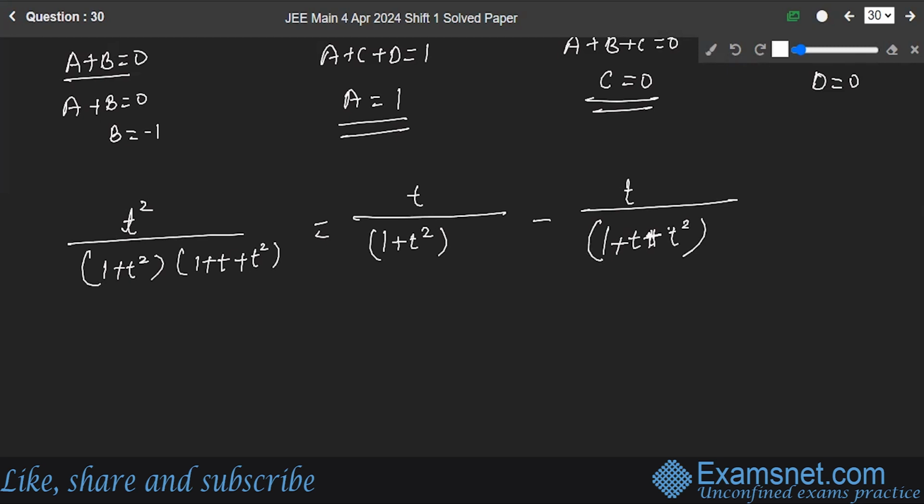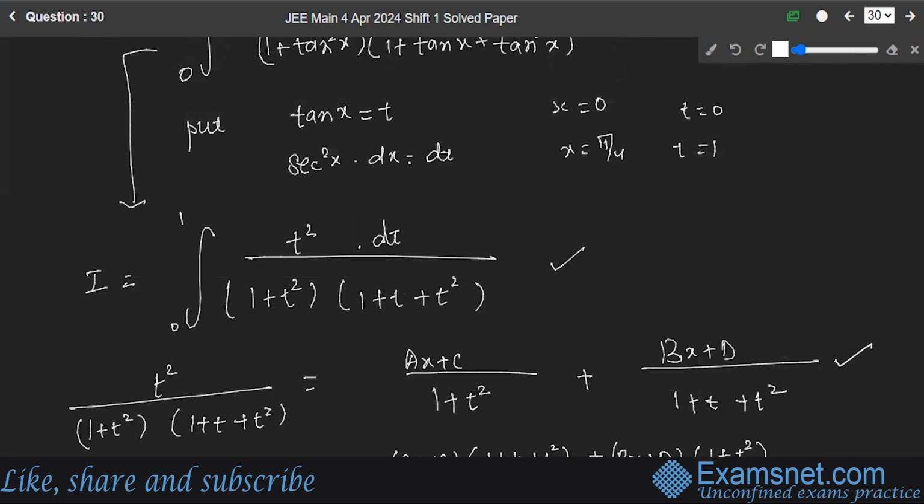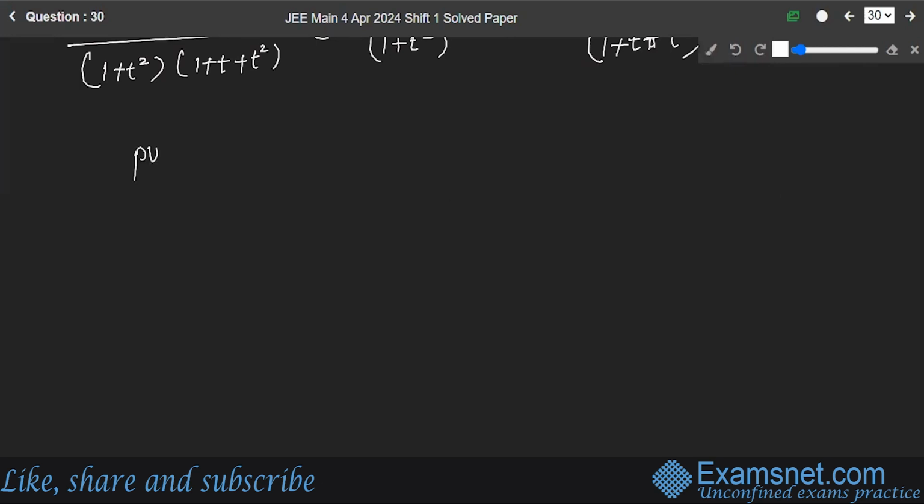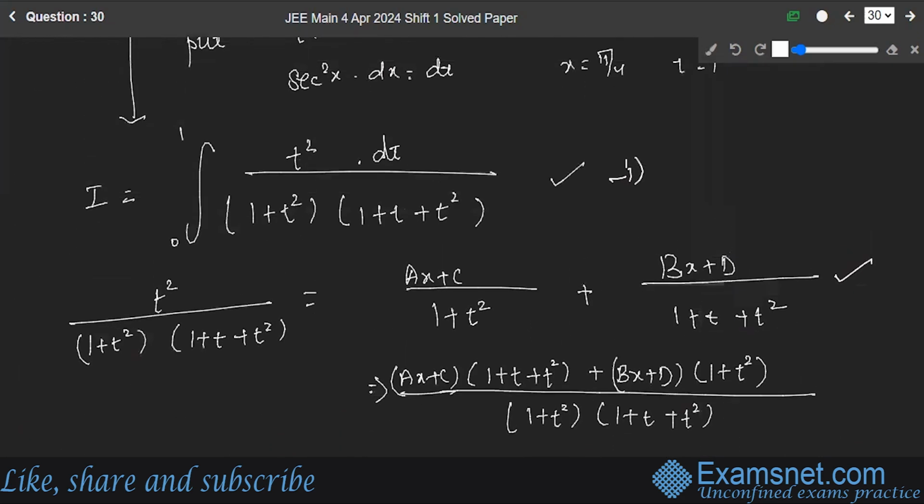Hope you're clear till here. Now let's say this is 2 and this was your 1. Let's put 2 in 1. You will get it as what was your 1 equal to? This thing. Okay.